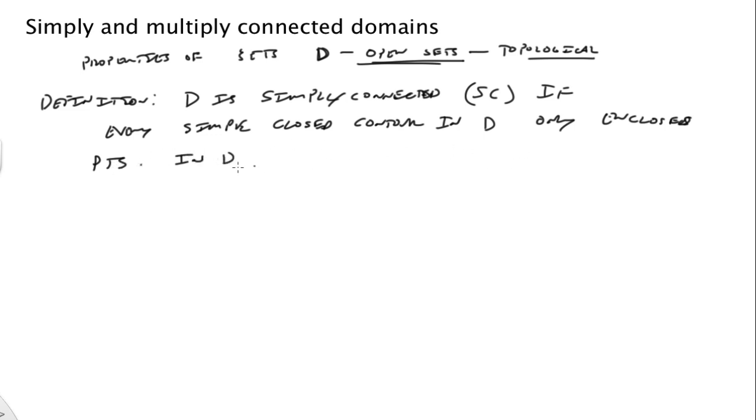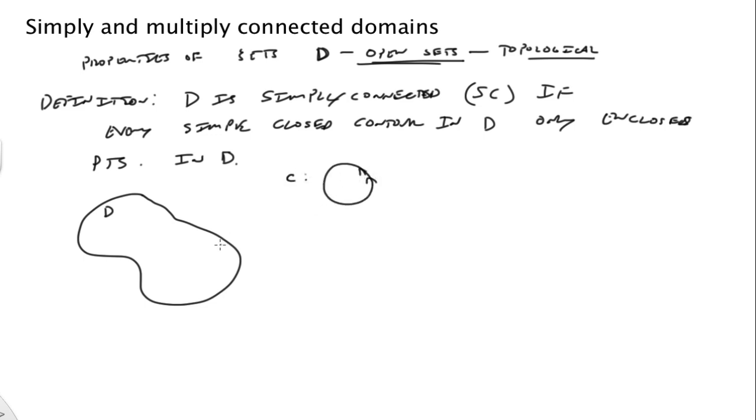Okay, let's talk about what it means. It's usually best just to draw a picture. Think of this as some set in the complex plane. We'll call that D. What we have to do is take a contour, some contour like that.